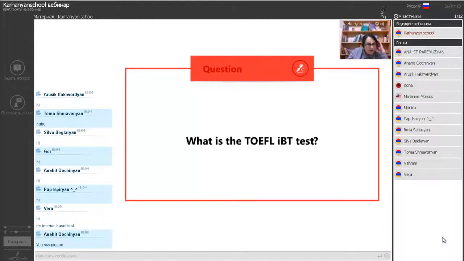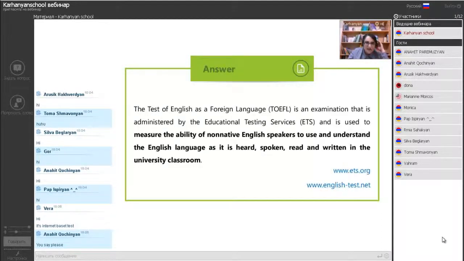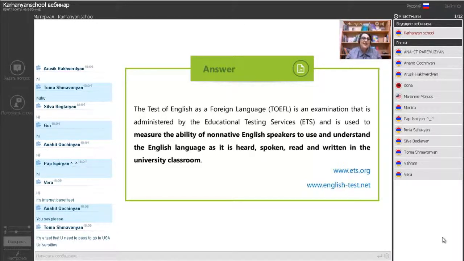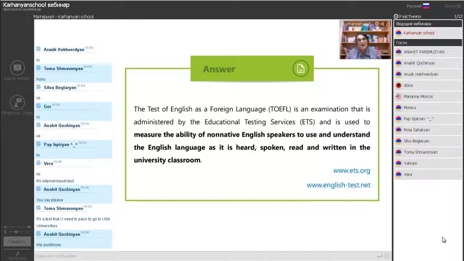It is an internet-based test. Okay, Zara, yes, thank you a lot. So it is a test of English as a foreign language, yes. It is an examination, Thelma. It is a test that you need to pass to go to the USA universities. Yeah, right.